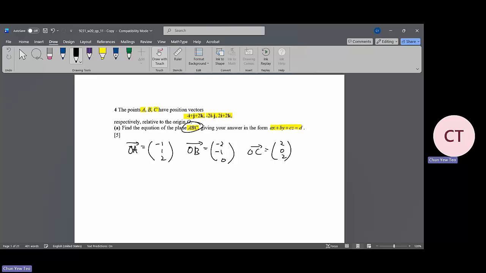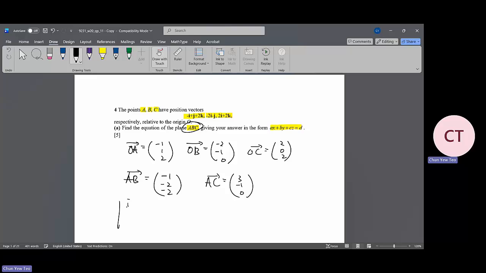So to find the plane ABC, I have to have vector AB and vector AC. So vector AB will be B minus A. It will be -1, -2, -2. Then this one is 3, -1, 0.